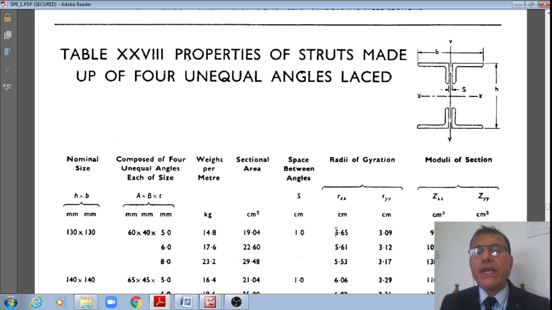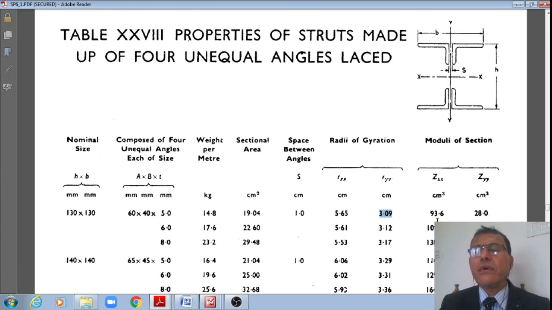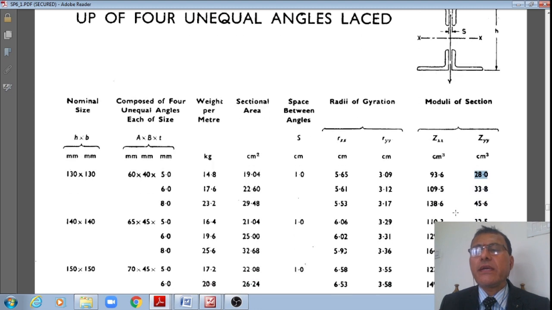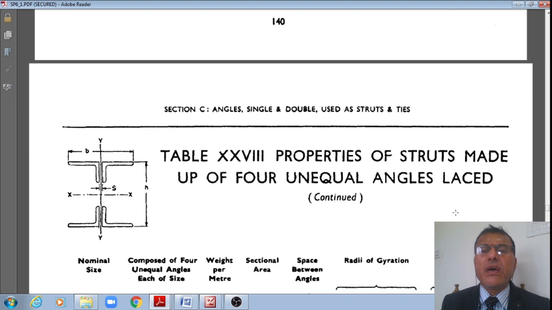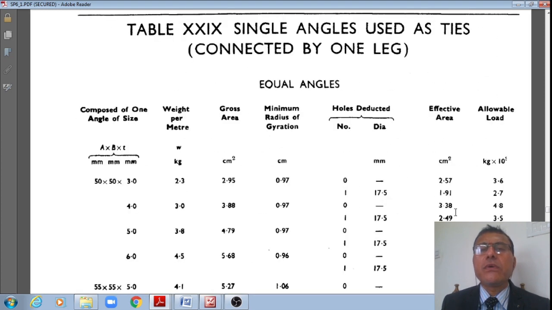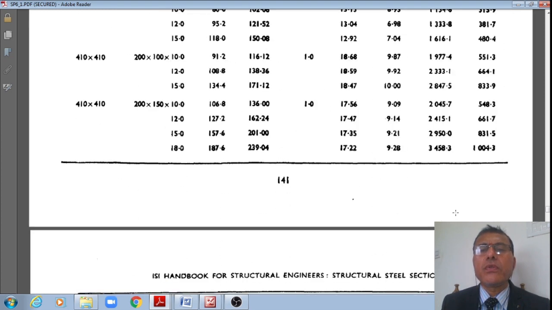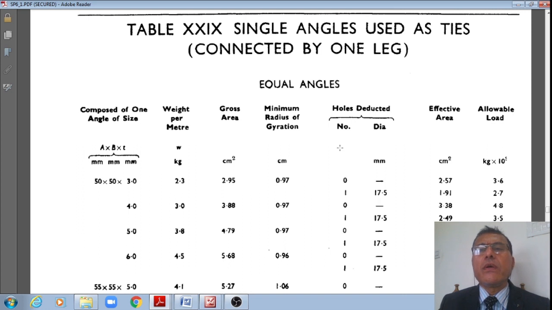For that what is the radius of gyration? 5.65 about XX, and about YY axis, weak axis is 3.09 centimeter, and the section modulus about major axis 93.6, and about minor axis 28 centimeter cube. Like that you can note down for other unequal angles also at a quicker pace. Now you can go through this now.